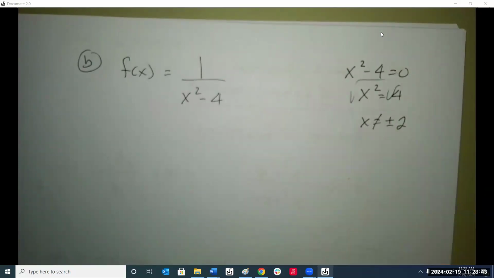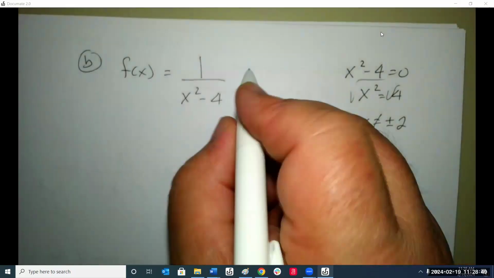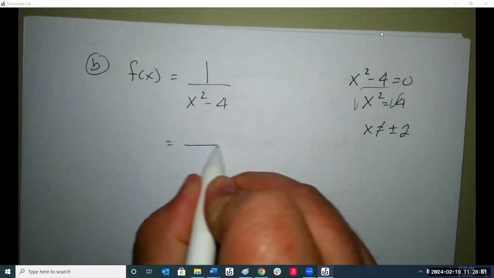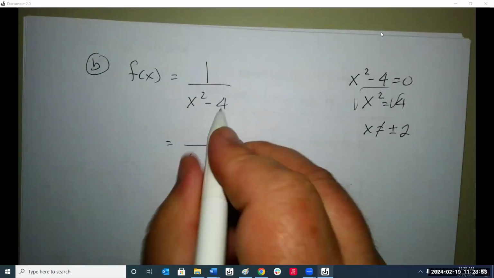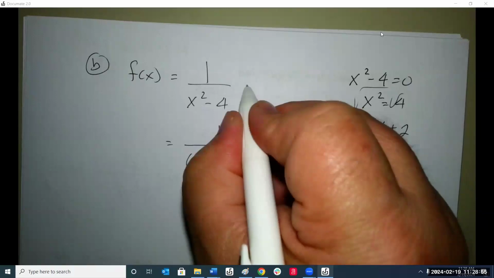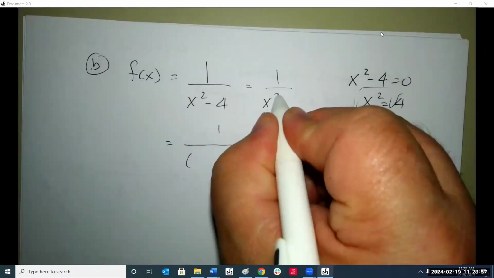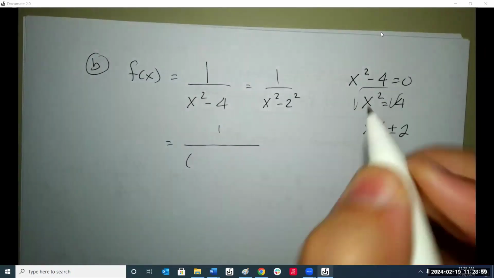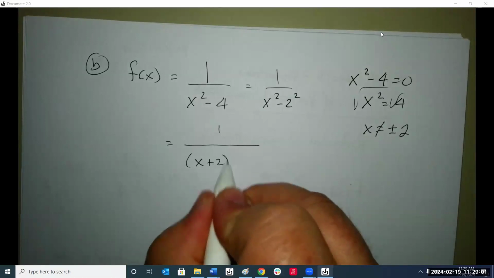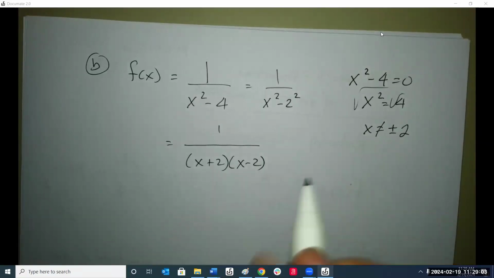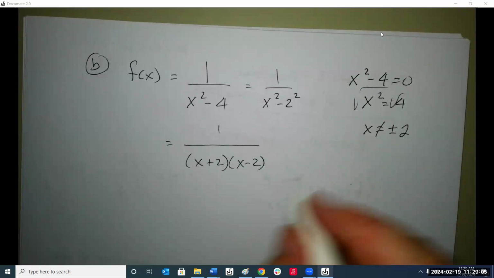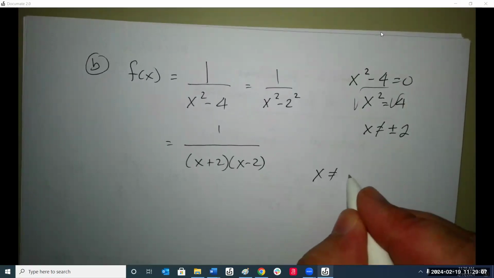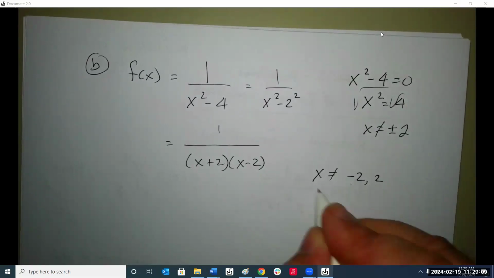So our restriction is we can use all x's except plus or minus 2. We could have also factored it. This is a difference of two squares, which is x plus 2, x minus 2. So x cannot equal negative 2 or positive 2.